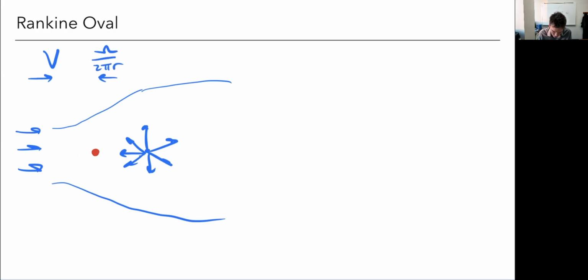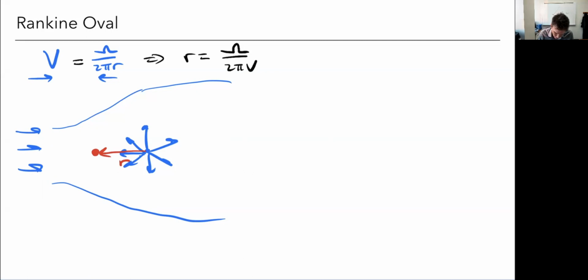That's just when these things are equal. So that occurs when r is equal to gamma over 2 pi V. So I can adjust those strengths. I can choose gamma, make my source stronger or weaker. I can change V and make this free stream stronger or weaker. But they're going to create a stagnation point that is exactly r away from the center of that source.